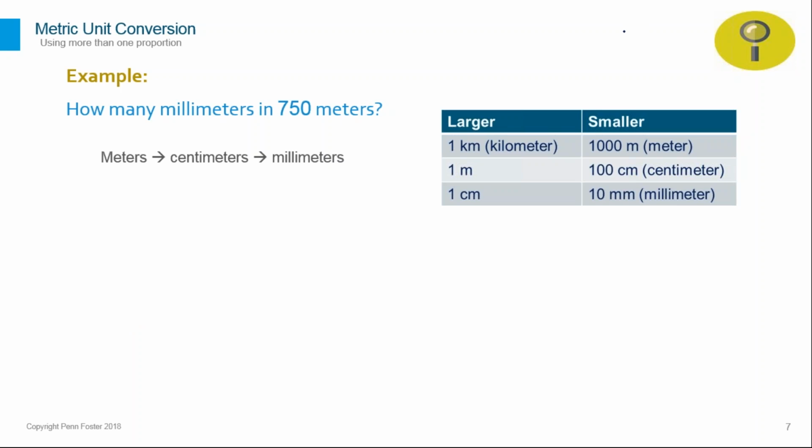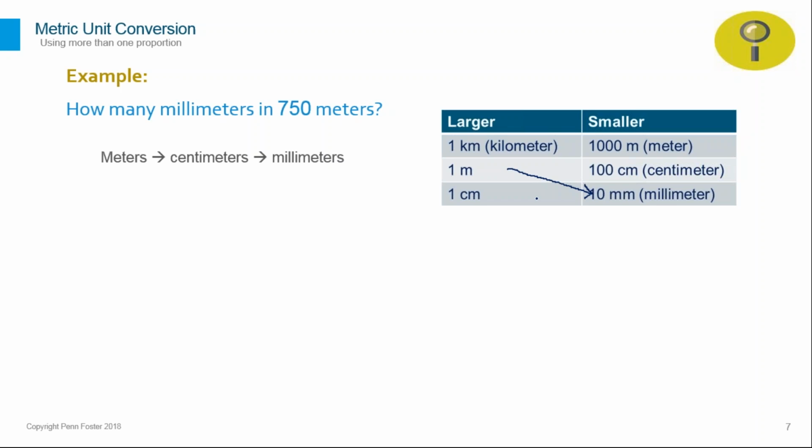If you look at the table, we know a relationship between meters and centimeters, and then centimeters to millimeters. What we're trying to do is to get from here to there, but we have to go through the centimeters first. To be honest with you, these days with technology and everything is available, you are able to look up how many millimeters in 1 meter.